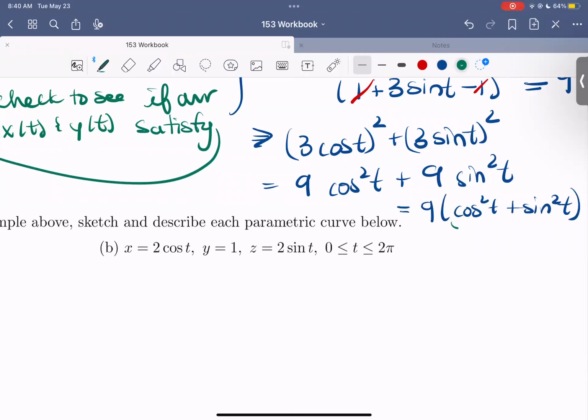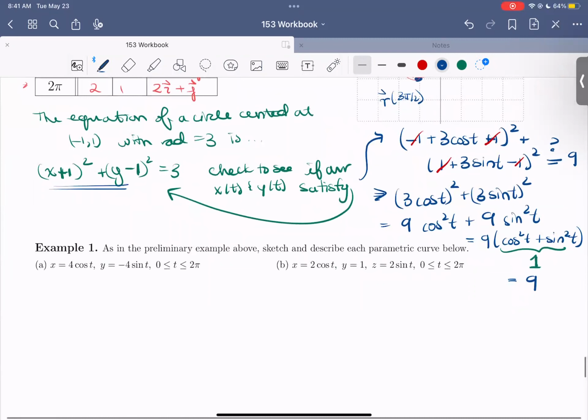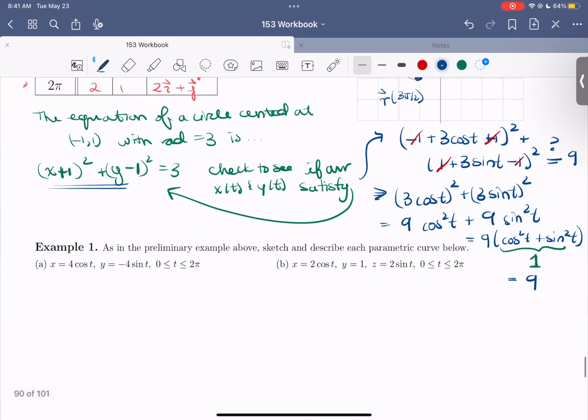And we can recognize that cosine squared plus sine squared is always equal to 1. So indeed, our original left-hand side, our x function plus 1 squared plus our y function minus 1 squared, is always equal to 9. I missed a square here, so it doesn't look quite accurate yet. We see here that we do need the radius squared on that right-hand side. So check.